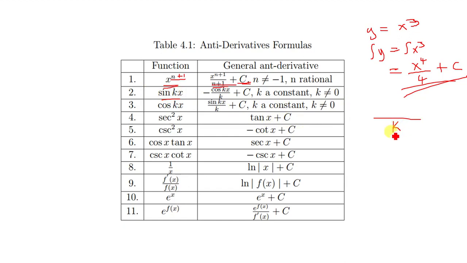So you divide by the derivative of the angle, and when you integrate sine x, you are going to get negative cos. So you are going to get negative cos kx, and of course don't forget to add a constant, like that.